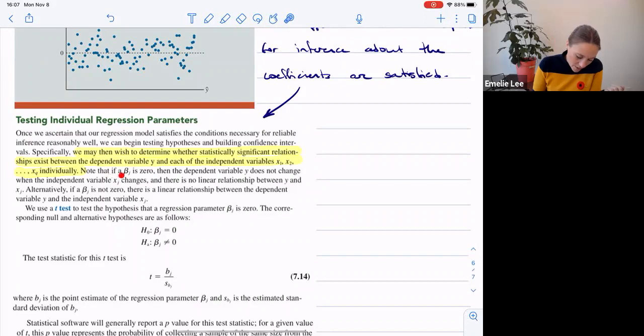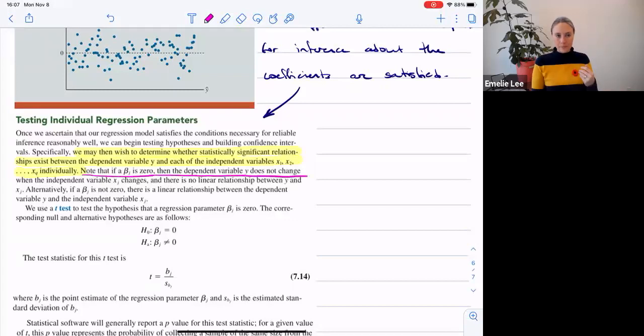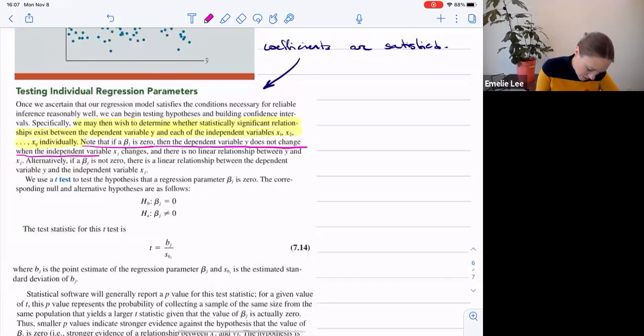Note that if beta j is 0, then the dependent variable Y does not change when the independent variable Xj changes, which is really saying that there's no linear relationship between Y and that variable Xj. If the coefficient is significantly different from 0, then we can say that there is a linear relationship there, and it is helping us predict values of Y.